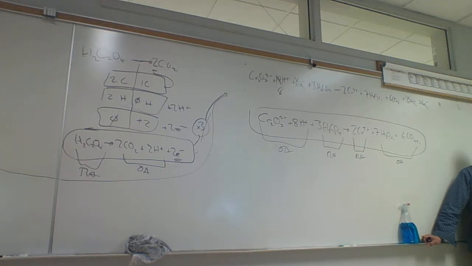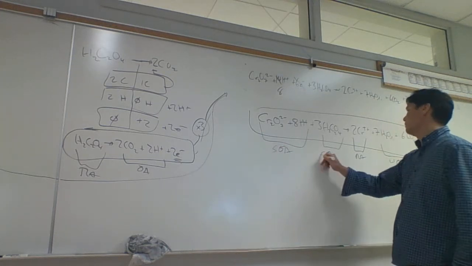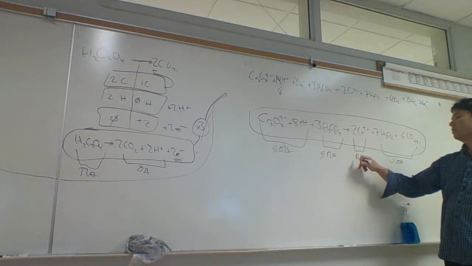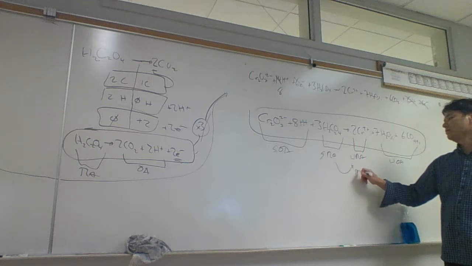It should be obvious, right? And so it's obvious. This is going to be much stronger. This is going to be much weaker. And so that means oxalic acid must be a stronger reducing agent than chromium 3 plus. And so we have driving force here.